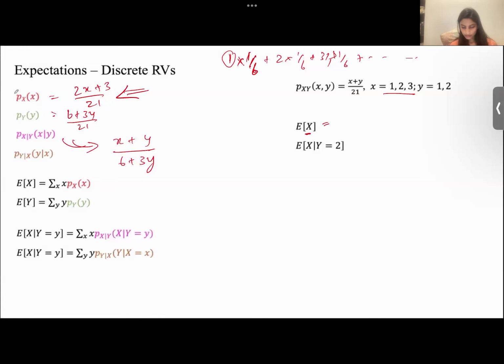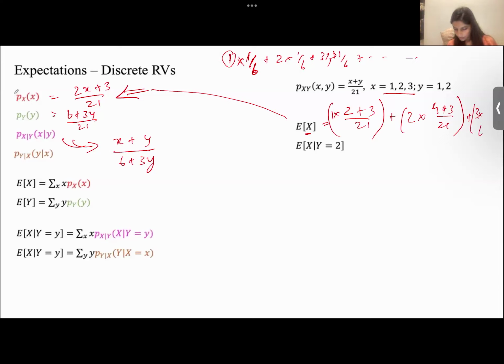So x is 1: 1 into (2x plus 3) by 21, which is (2 plus 3) by 21, plus 2 into (2x plus 3) by 21 where x is 2, so 2 2s are 4 plus 3 by 21, plus 3 into (2 3s are 6 plus 3) by 21.